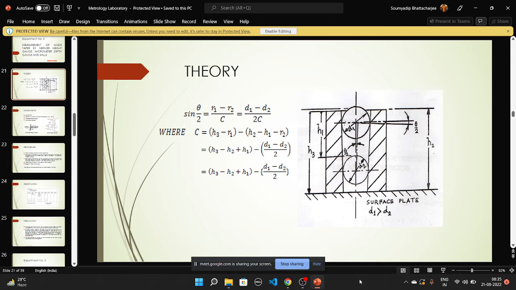X is probably from the surface plate up to the center of the smaller ball. Am I correct?